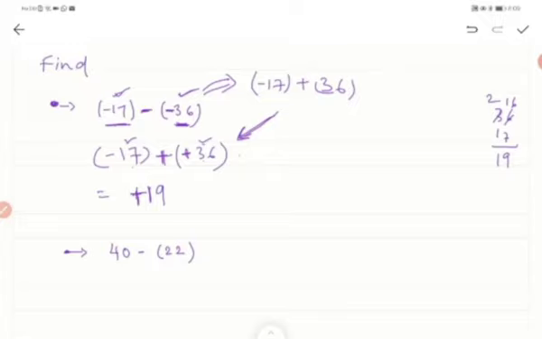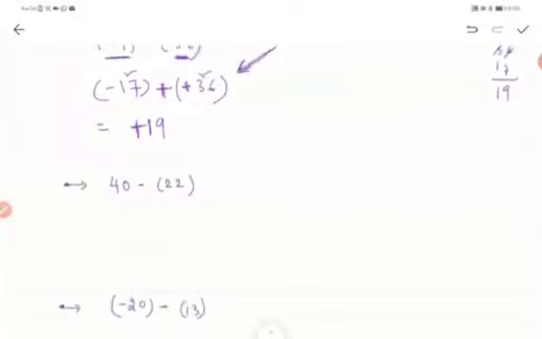Okay, let's do this problem. I have 40 minus 22. I can write this directly as 40 minus 22, so just do the subtraction of 40 and 22. How much will I get? It is 18, and it is positive because 40 is the bigger number than 22.